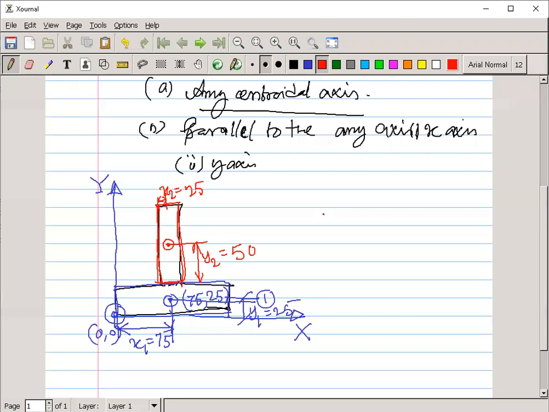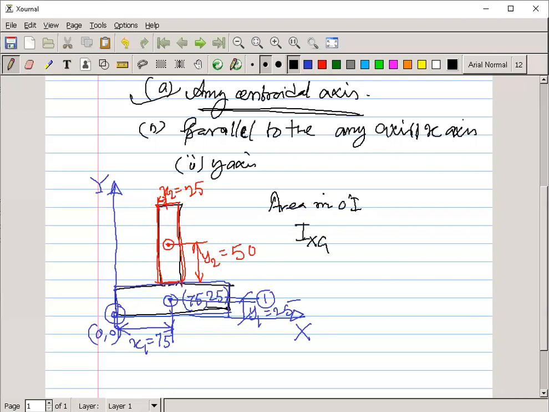So try to understand one thing: the area moment of inertia with respect to the centroidal axis.